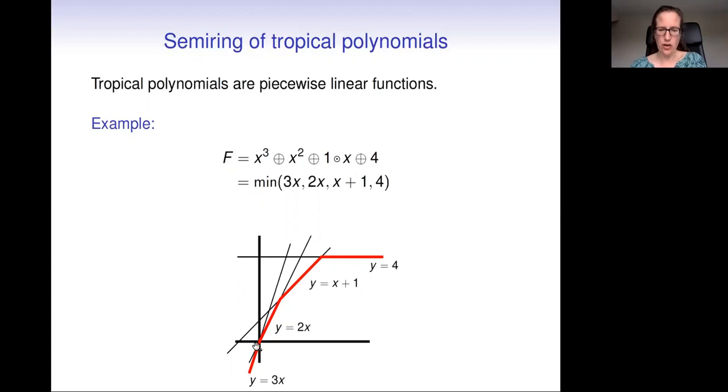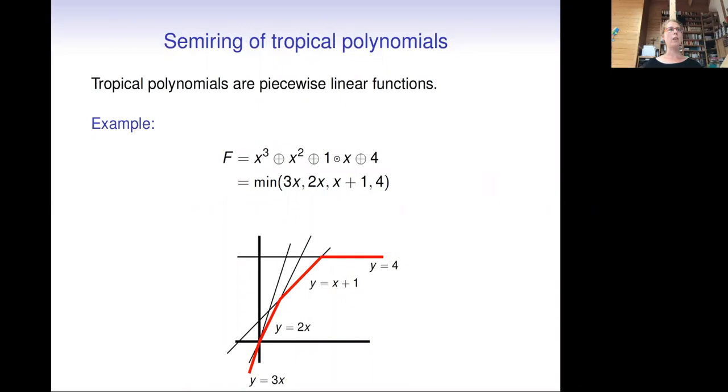So it changes slope at 0, at 1, and at 3. Okay, so this is a piecewise linear function. It's piecewise linear because each of the monomials in my polynomial becomes a linear function, and then we're taking the minimum of them because it's the tropical sum. And so we're getting that.